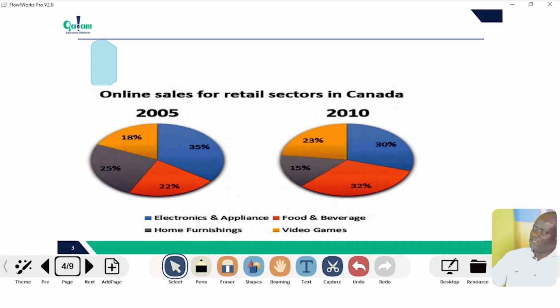Then lastly, you can see clearly when it comes to home furnishings, in 2005 they sold 25%, but in 2010 they sold 15%. So there was a decline of 10%. And what has happened here can be explained.